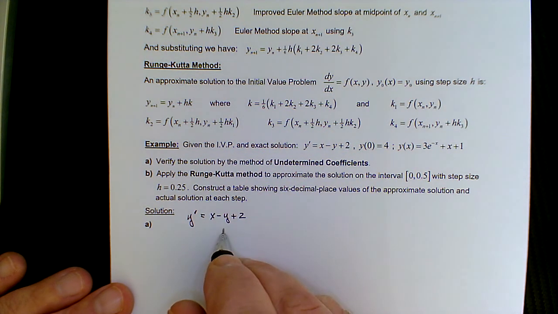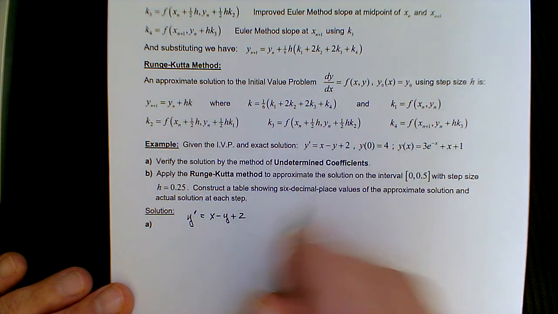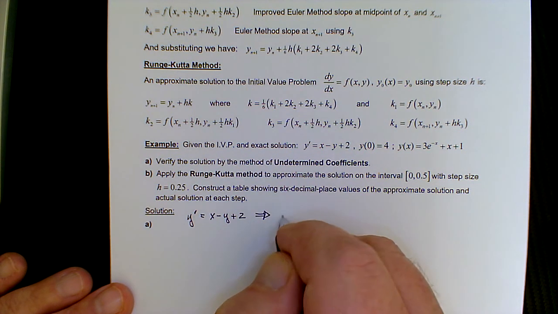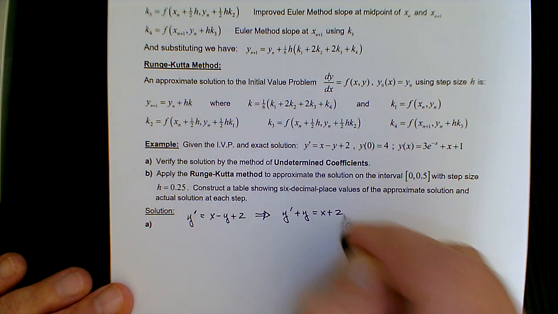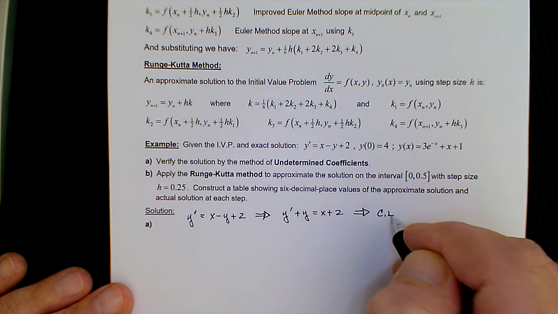Okay, so this is a non-homogeneous first order linear differential equation. We could solve it by many methods, but I'm just choosing the undetermined coefficient method. So what we'll do is bring all the derivatives in the function y to one side. So y prime plus y would be x plus 2. From there, we can get the characteristic equation.